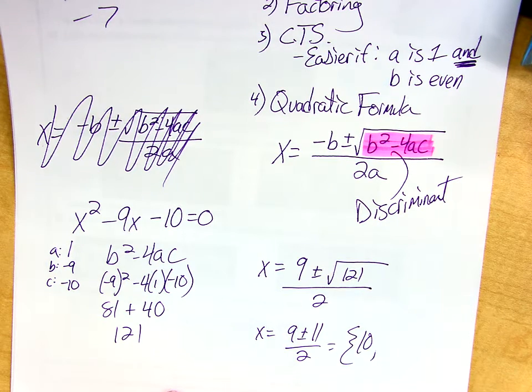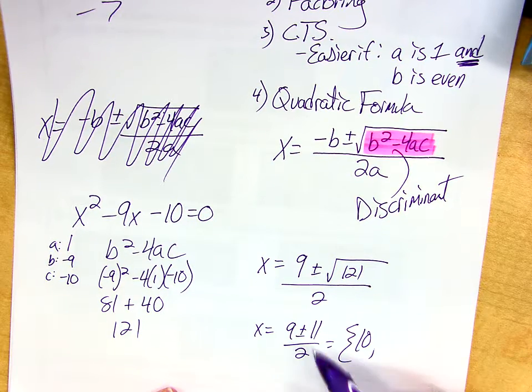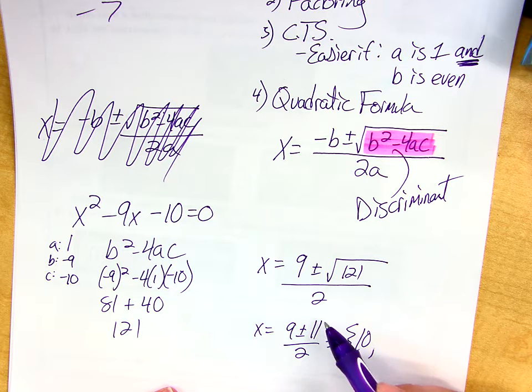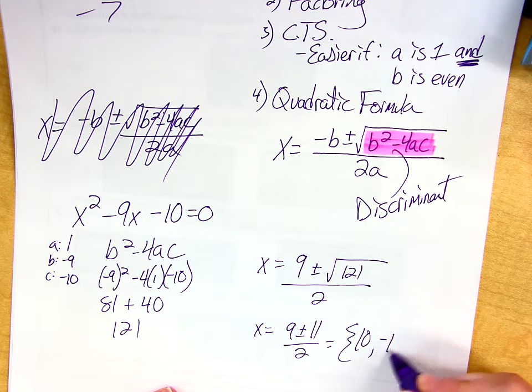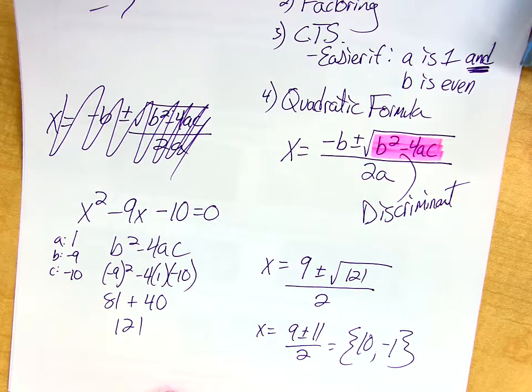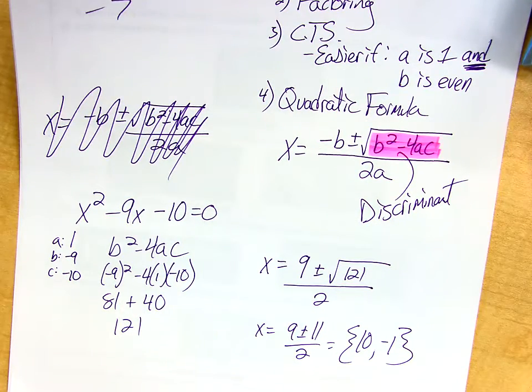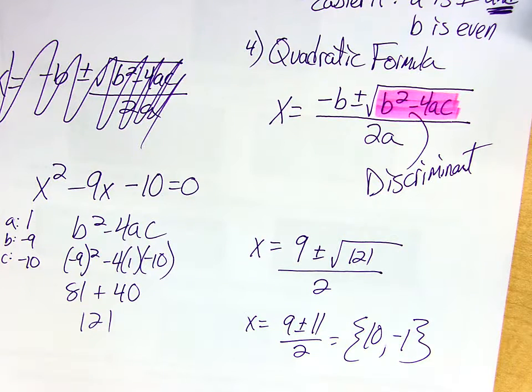So 10's my first answer. And then I just do 9 minus 11, which is negative 2. And negative 2 divided by 2 is negative 1. And there's my two answers. Does that make sense?